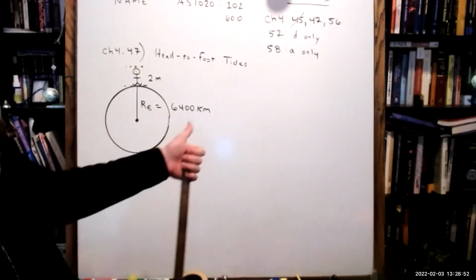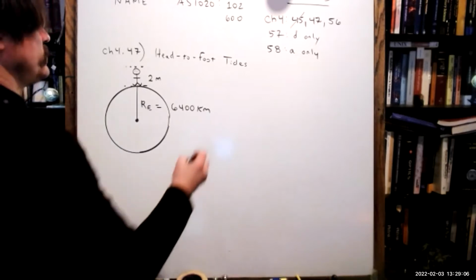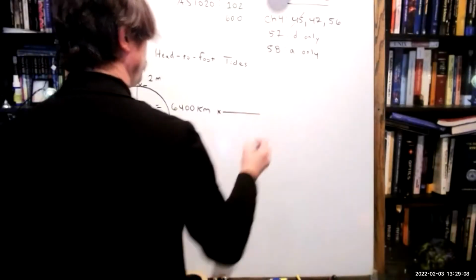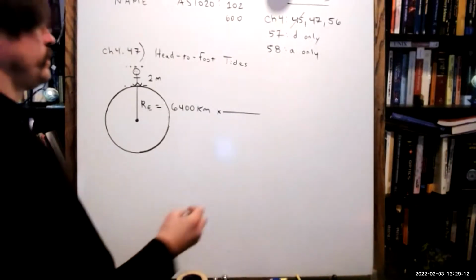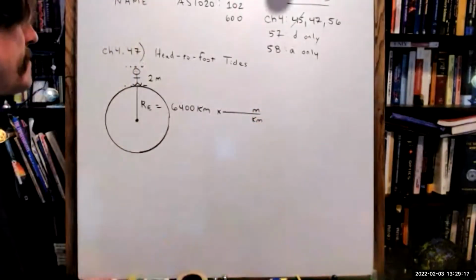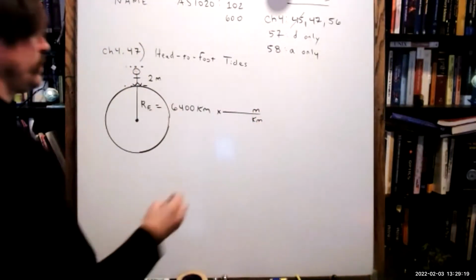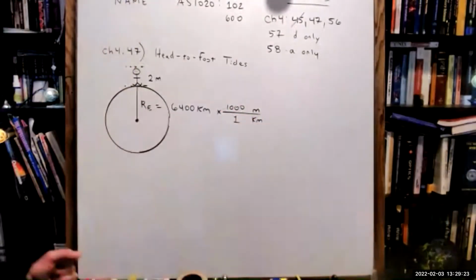David, do you know what 6,400 kilometers is in meters? Would we have to convert that? Sure. Here's a division bar. Put some units in. So you would put kilometers on the bottom and meters on the top. What's my conversion factor? Would it be 1,000 to 1? That's right. Now, without using your calculator, let's count our zeros.